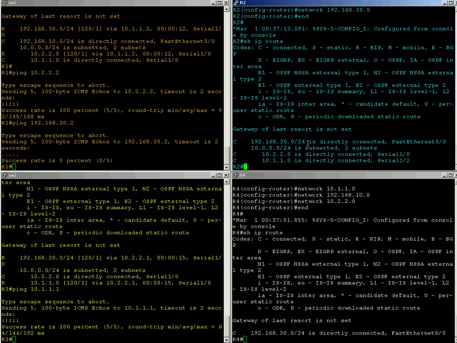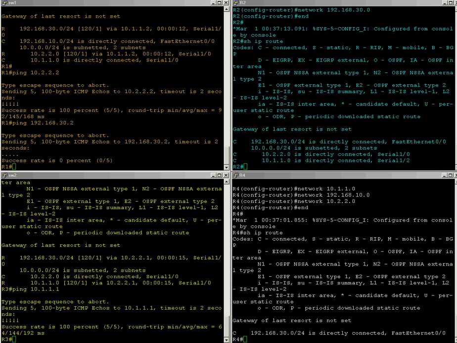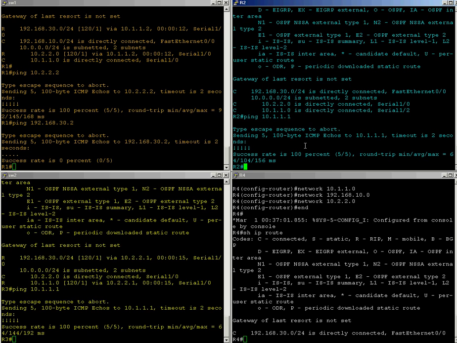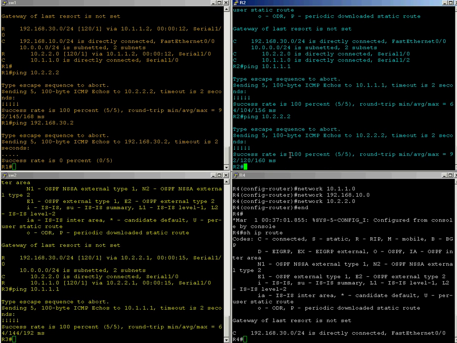Now let me see. R2 should be able to talk either to the east or to the west. So let me just confirm that. Okay, that's good to the west. And now let me try to the east. And that's fine.